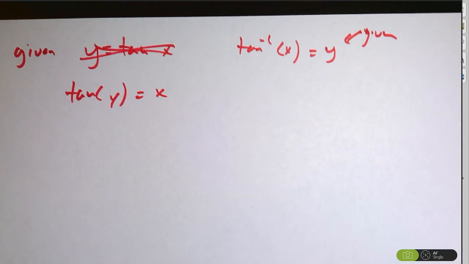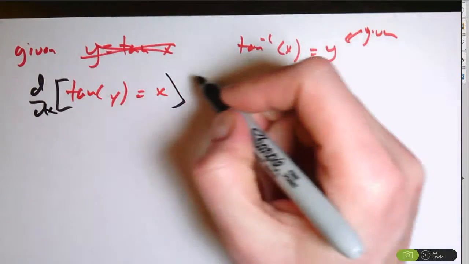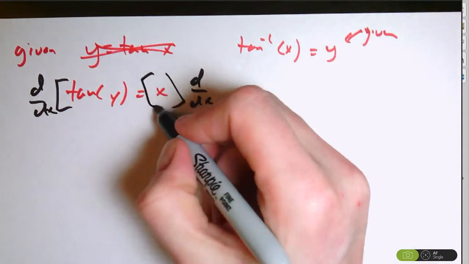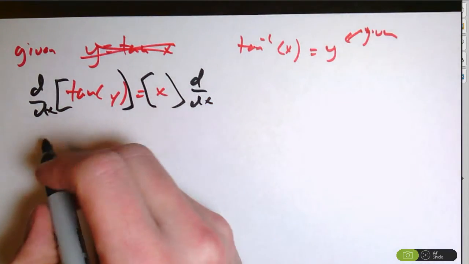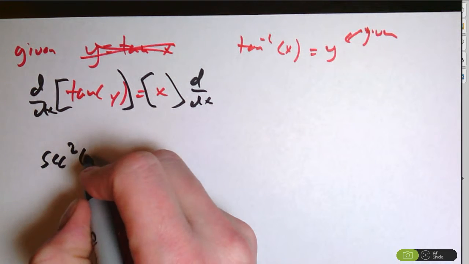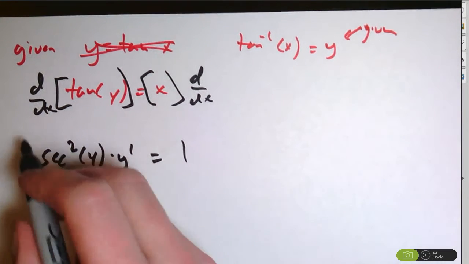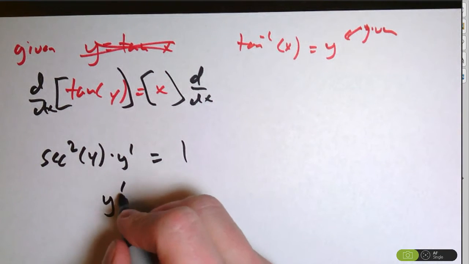So again, do our implicit derivative of both sides. I'm just going to be lazy in notation because it's the same thing. Okay. Well, this will be the derivative of tangent, which is secant squared times y prime. This will be 1. Divide by secant squared y.